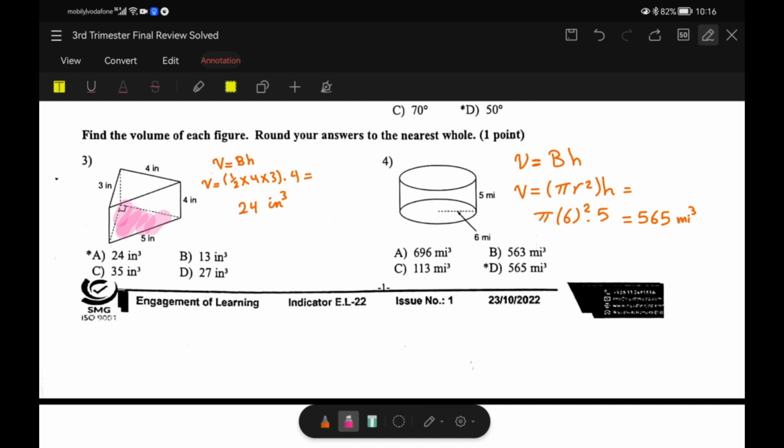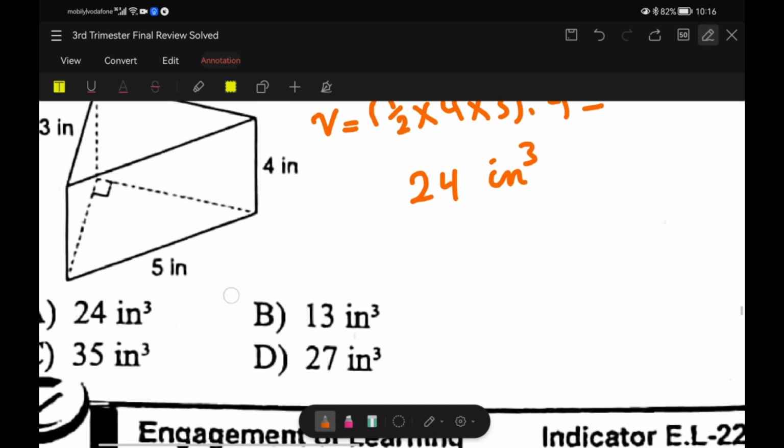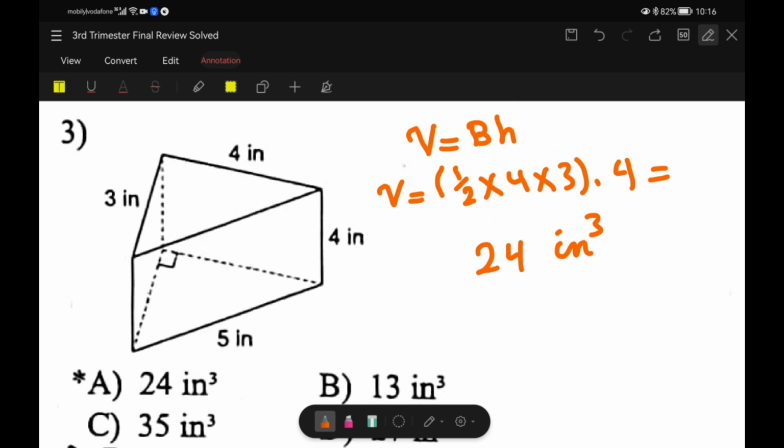So we have half times 4 times 3. Where did I get 4 and 3? Let me show you. Let's enlarge the shape. In that base, we have one side perpendicular to the other side.